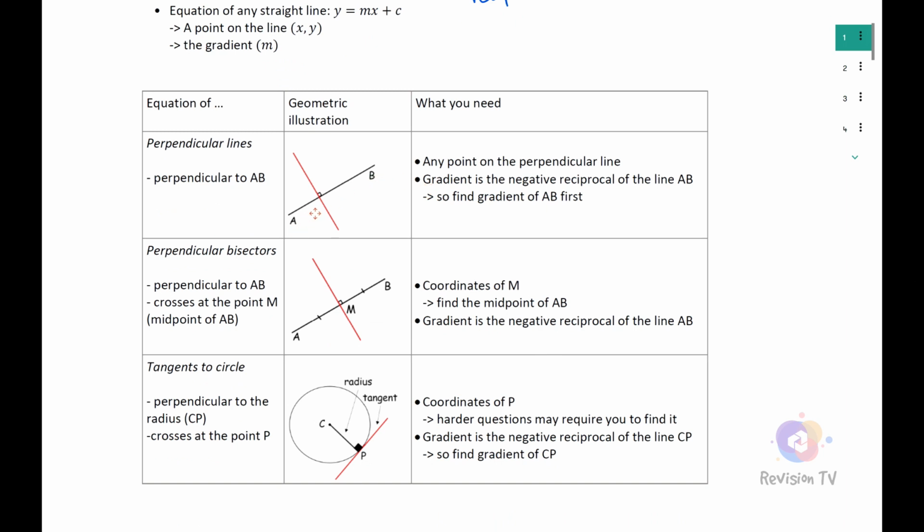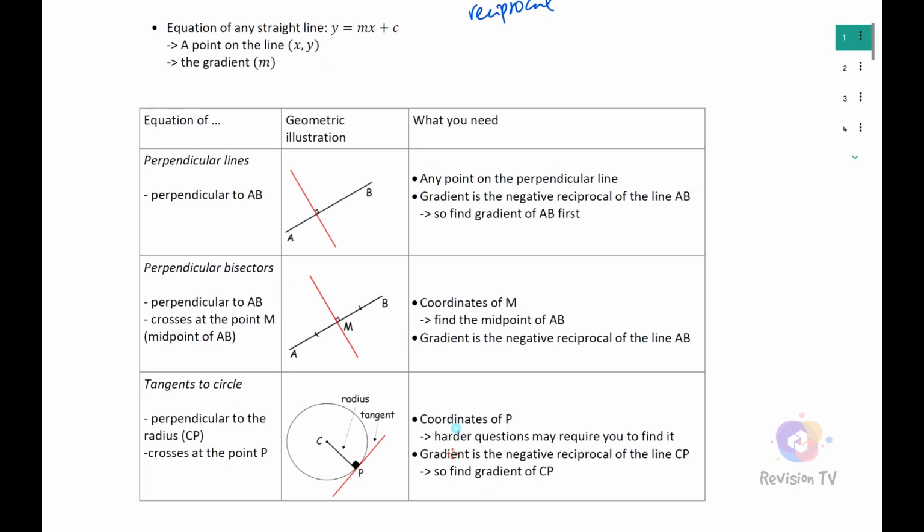Right, so let's carry on. Now we're going to look at the difference between each type of line. We're going to learn three things today: perpendicular lines, perpendicular bisector, and the tangents of circles. First of all, when it comes to perpendicular lines, we can see this red line is perpendicular to AB. What we need is two things, like what we did previously about the equation of a straight line.